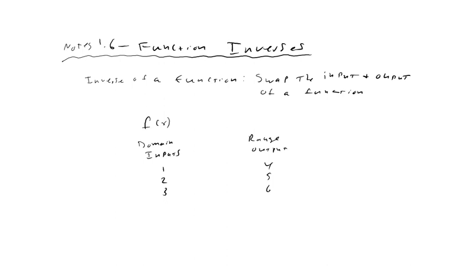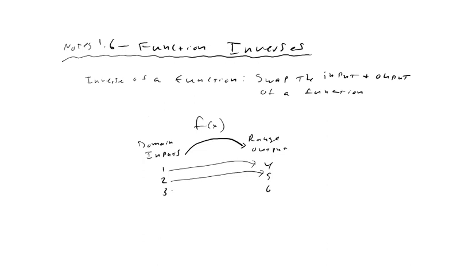Let me put f here. f of x will take all the stuff from the inputs and map them to the outputs. So 1 goes to 4, 2 goes to 5, 3 goes to 6.